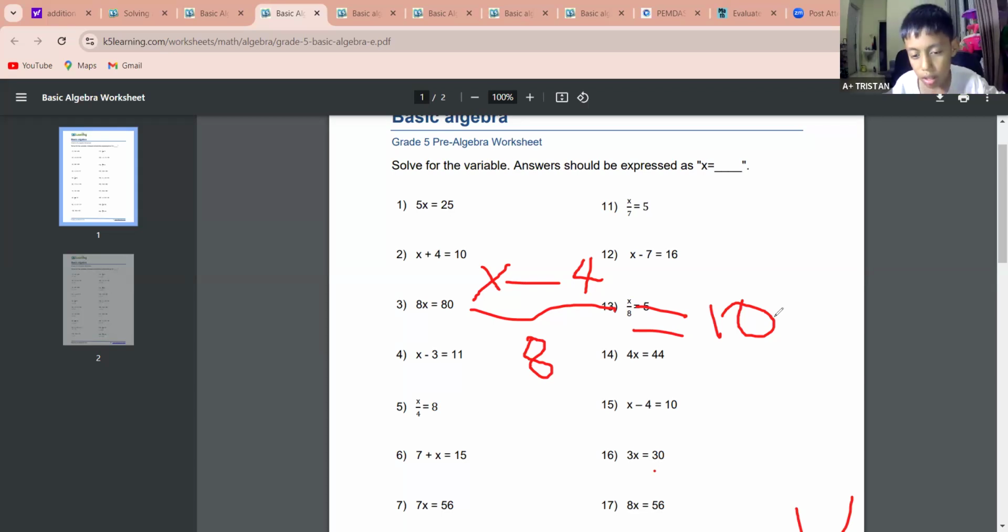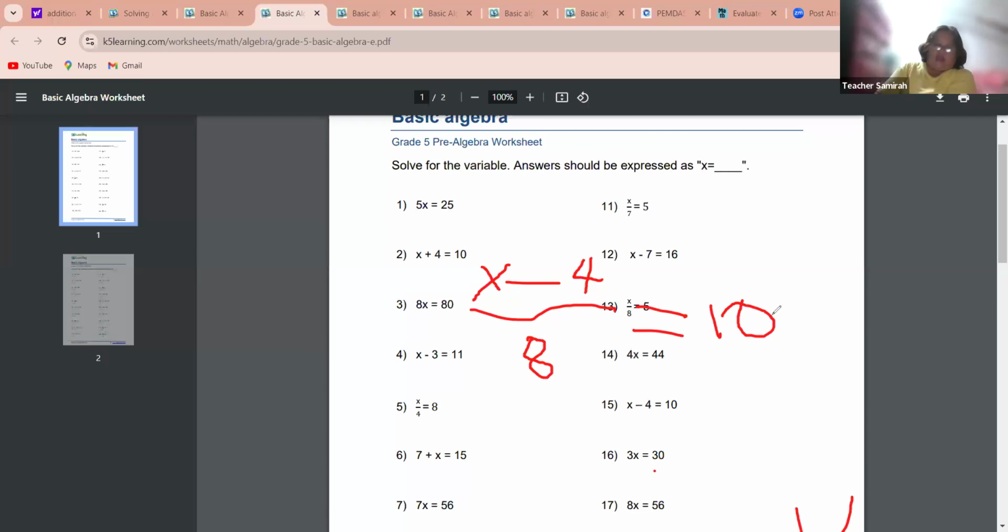First, you multiply 10 and 8, and that would give you 80, then I add 4. So the answer is 84. So it would give you 8 times 10 is 80 plus 4 is 84.